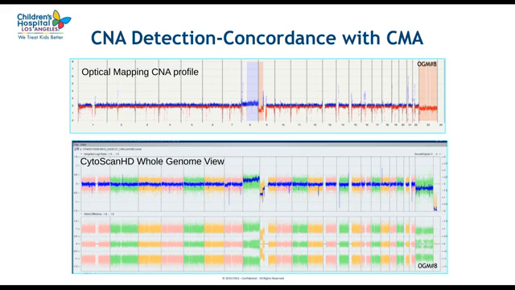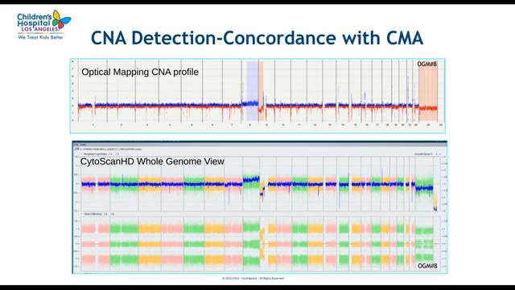So now moving on, what were the other insights about optical genome mapping from our pilot study? Since we had chromosomal microarray results for all our cases, we were able to compare copy number profiles from chromosomal microarrays at the bottom and from optical genome mapping on the top. And you can probably appreciate that they're very comparable.